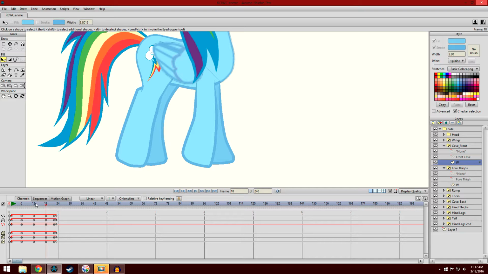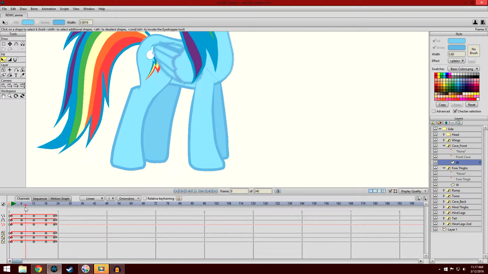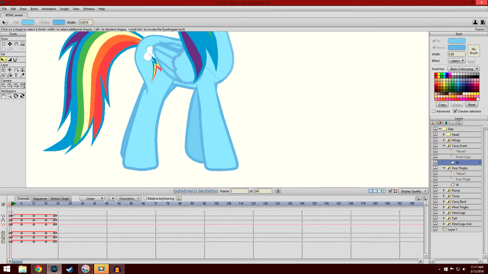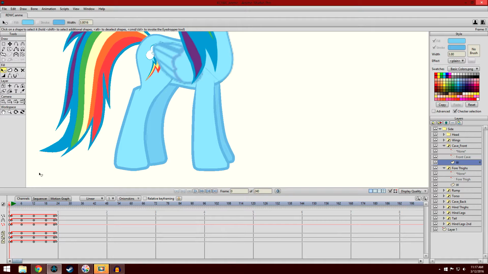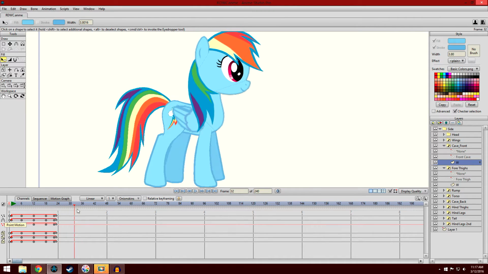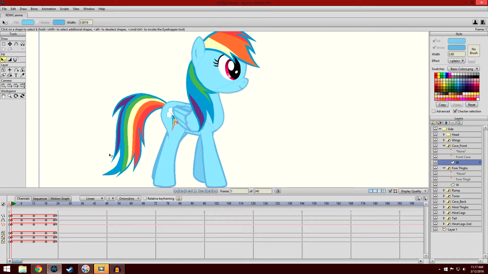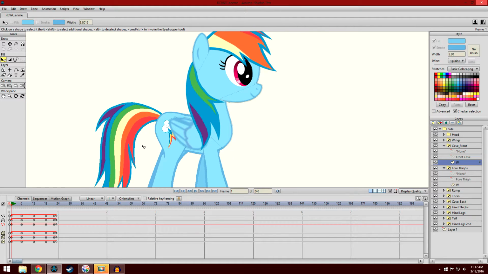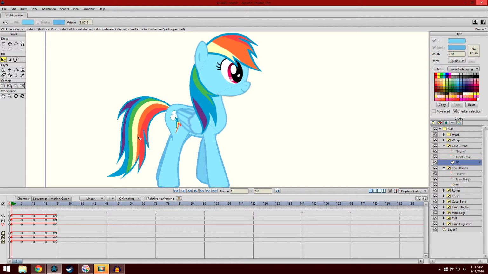That way it doesn't just do a reverse of the animation you just did. Okay, I think that was everything. Oh, and of course, don't forget that you want to move the entire body with the animation. Most everything should move with the walk cycle. Okay, with all of that said, let's move on.